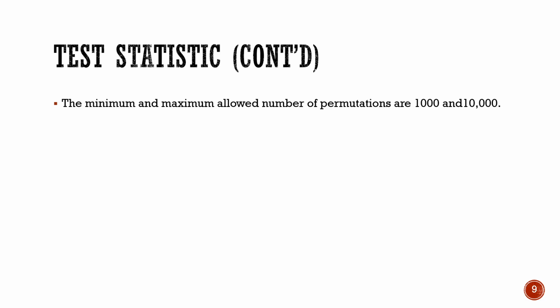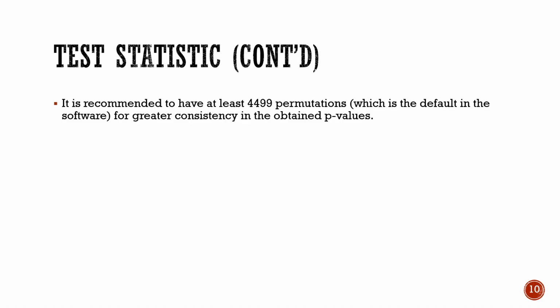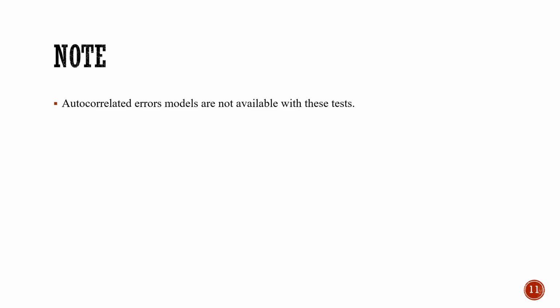The minimum and maximum allowed number of permutations for this test are 1000 and 10,000. It is, however, recommended to have at least 4,499 permutations, which is the default in the software, for greater consistency in the obtained p-values.